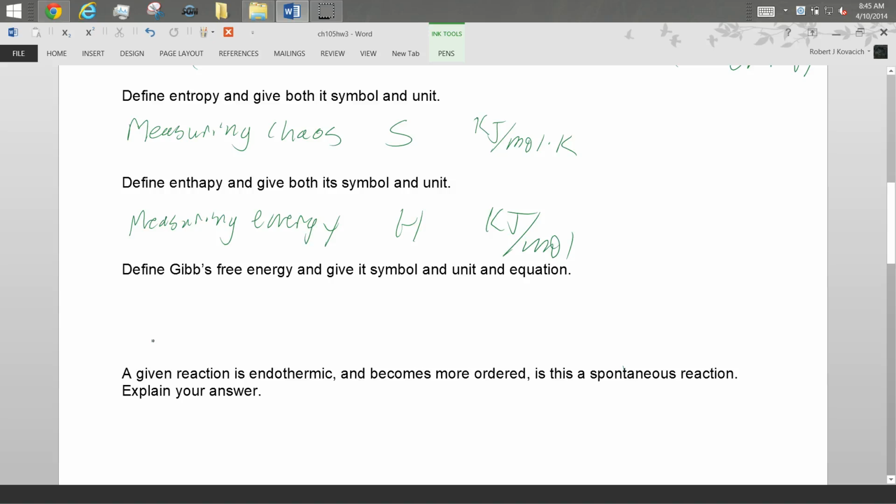Gibbs free energy. How do you want to define that? What would you say about that?